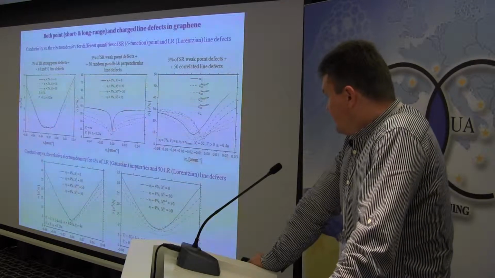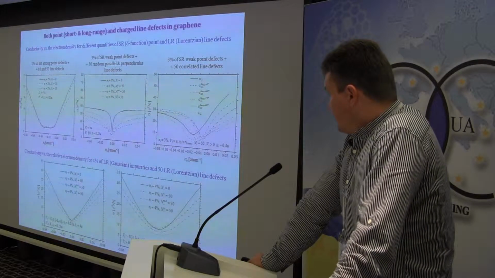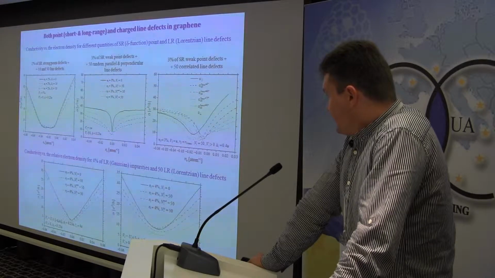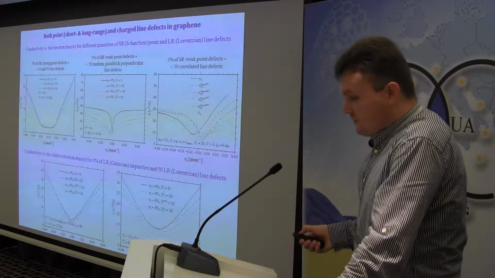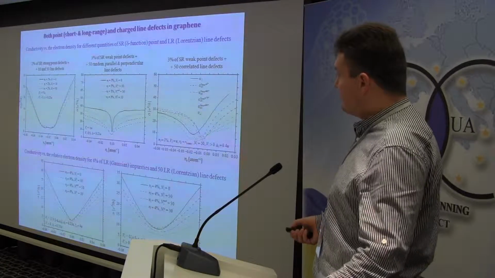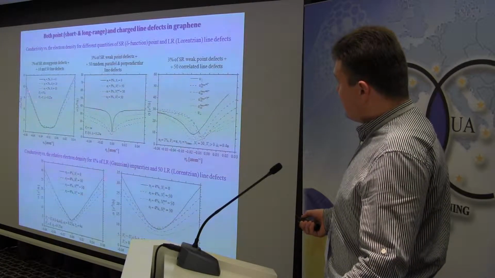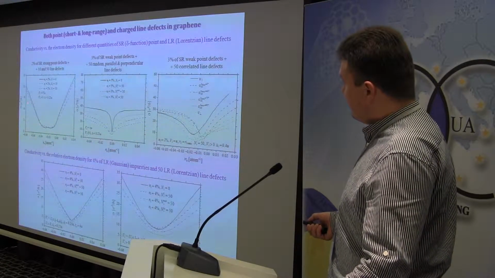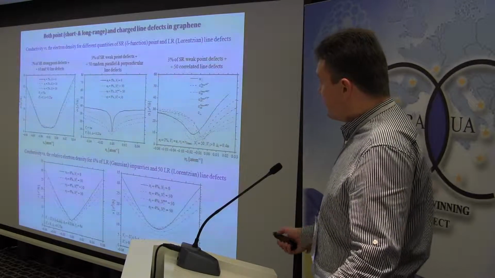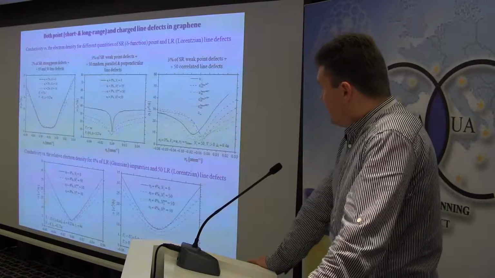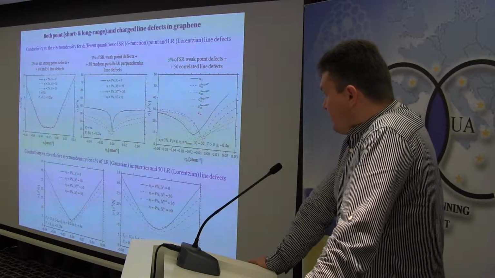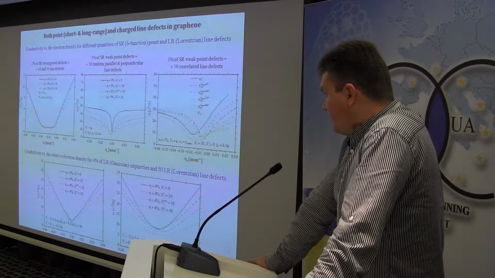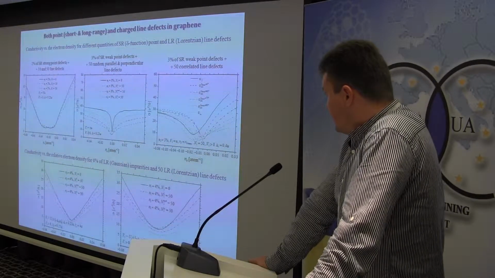So we also considered this situation, and from these figures you can see that, for example, if the scattering potential is strong, conductivity is affected only slightly, because the potential of point defects is strong enough and the potential of line defects is weak.